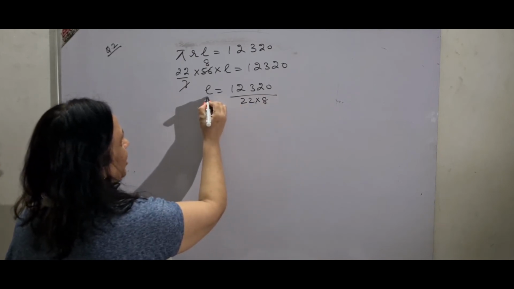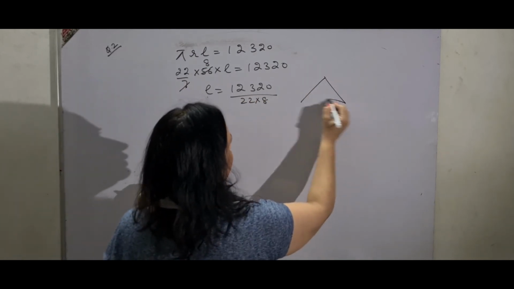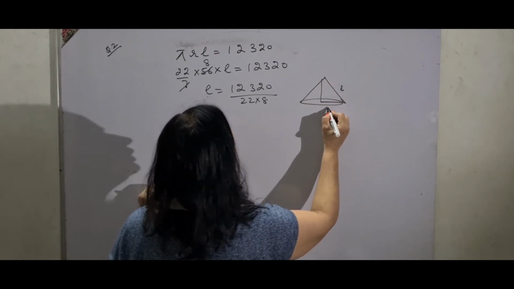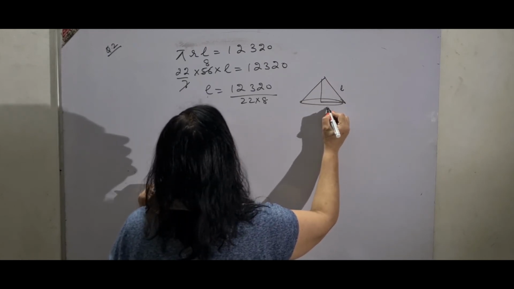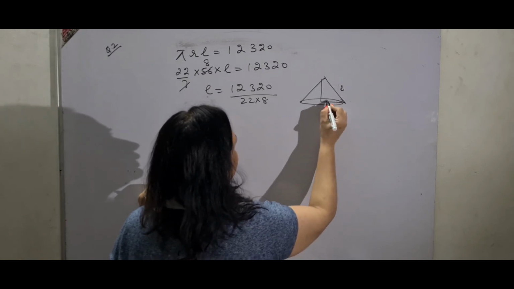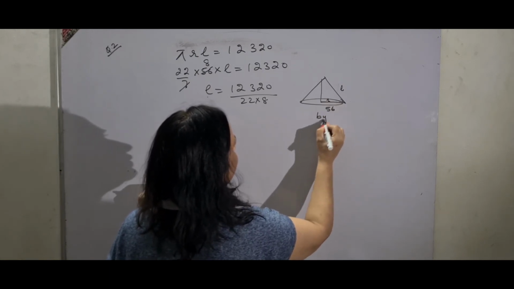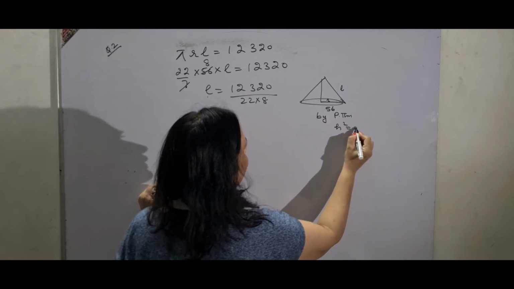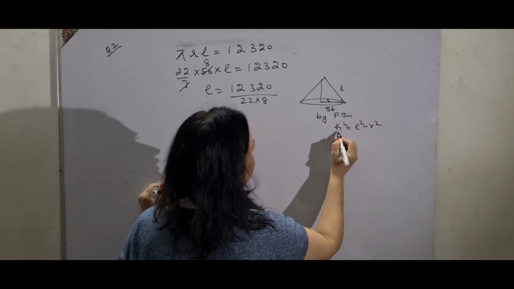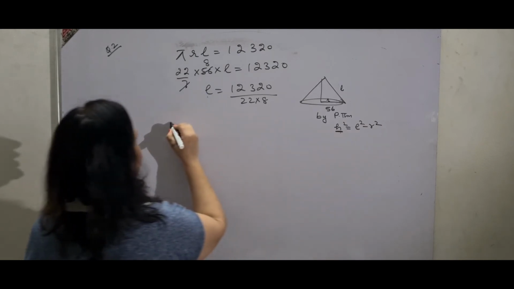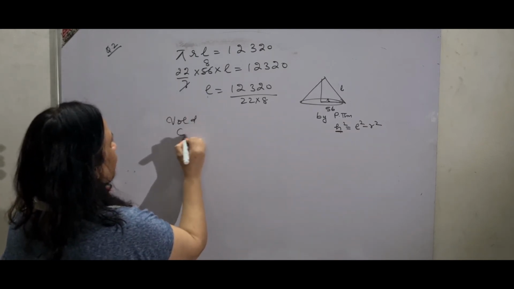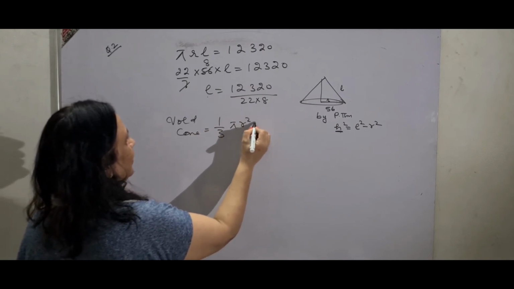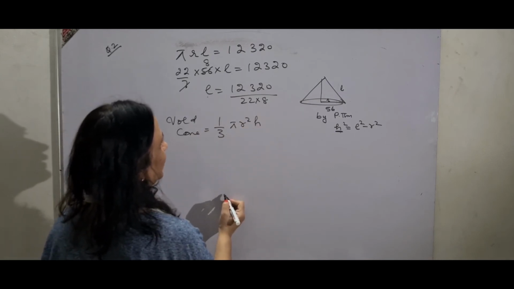Once you get the value of l, l you will get. r you have already been given as 56. So by Pythagoras theorem, h square will be l square minus r square. This we need because they have asked you the volume of the cone, and for volume you always need the perpendicular height: 1 by 3 pi r square h.